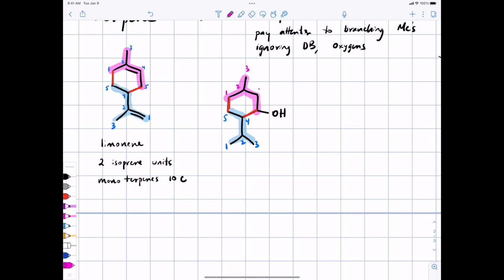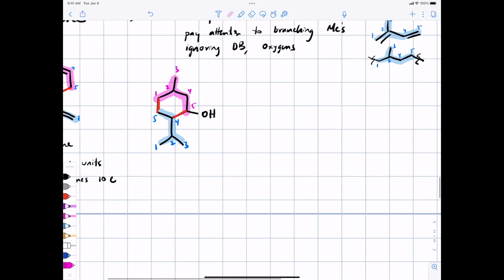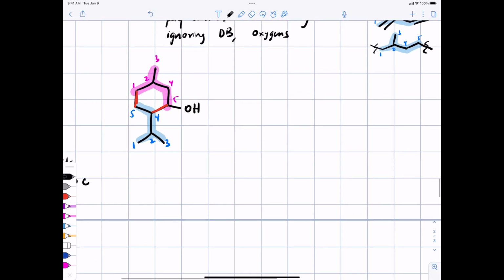We will encounter situations where we could have chosen to number it differently, and that's almost always okay, as long as you get the branching methyl groups right. What do I mean by this? Well, I could have taken this same structure of menthol, and what if I had chosen to number things 1, 2, 3, 4, 5?